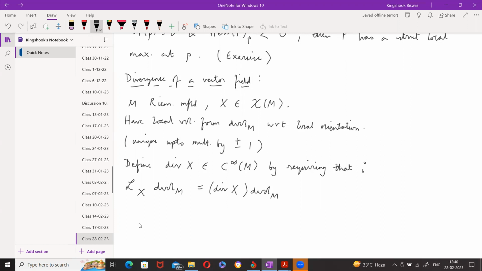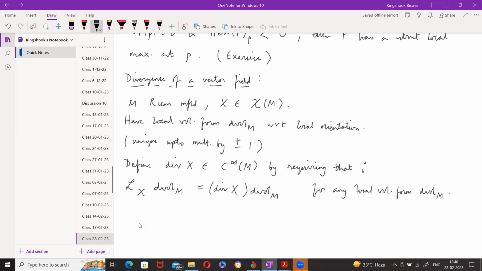What we want is this equation should hold for any local volume form. The point is this is well defined, because if I change the volume form by a sign, then on both the left hand side and right hand side I just get multiplied by -1.